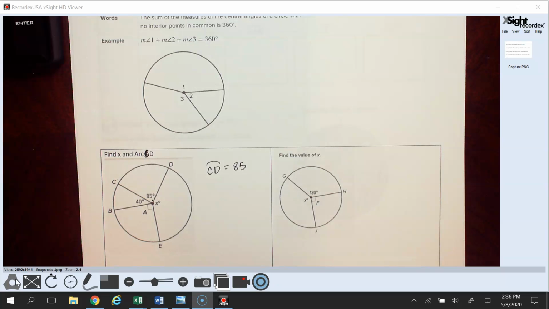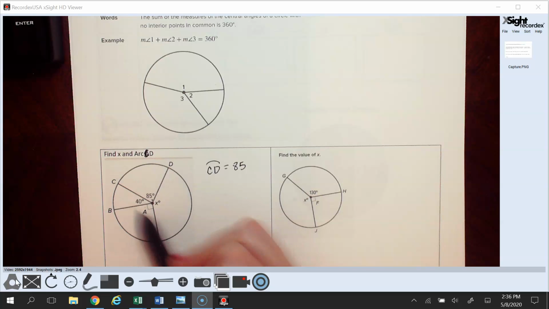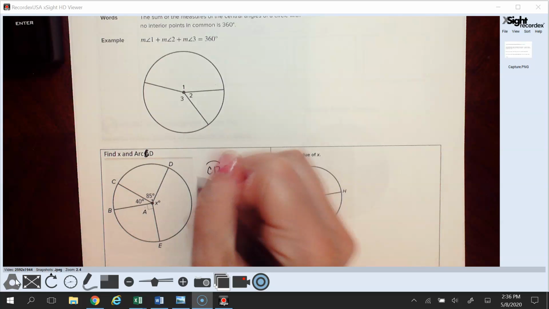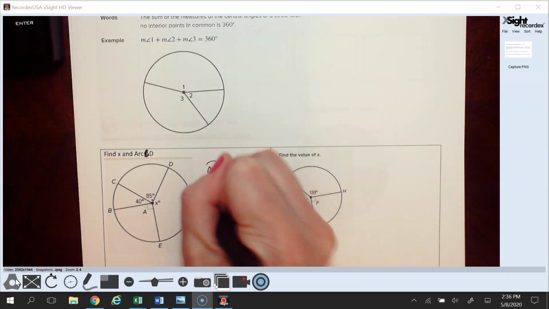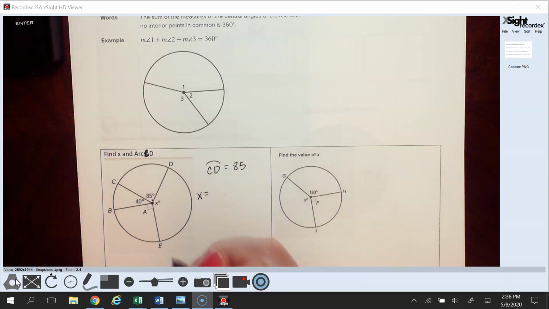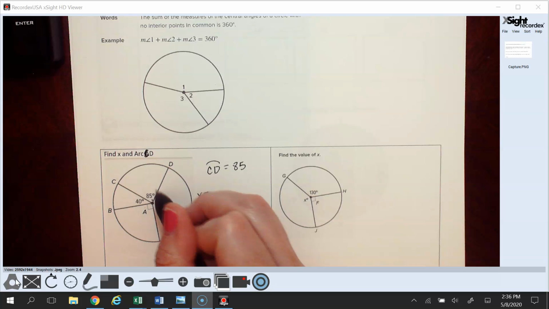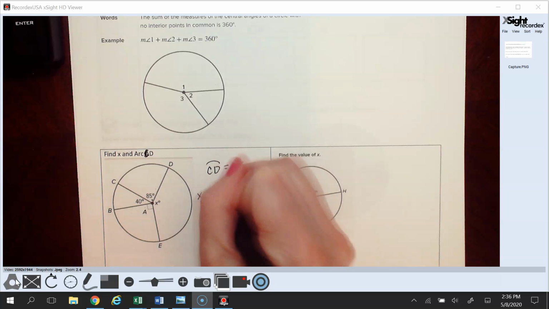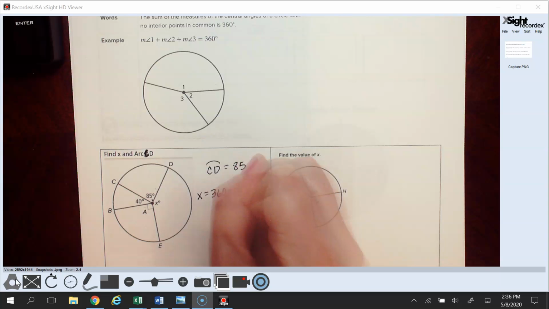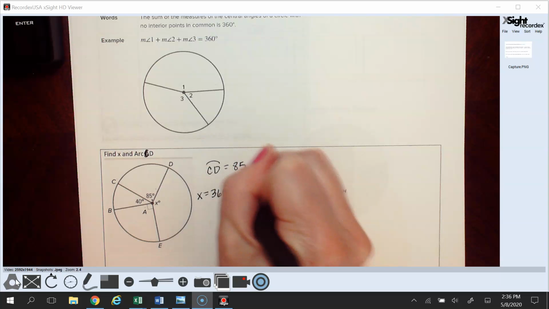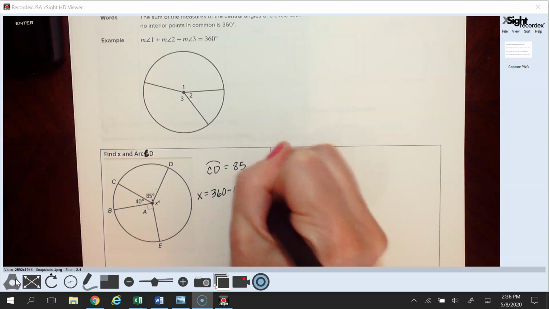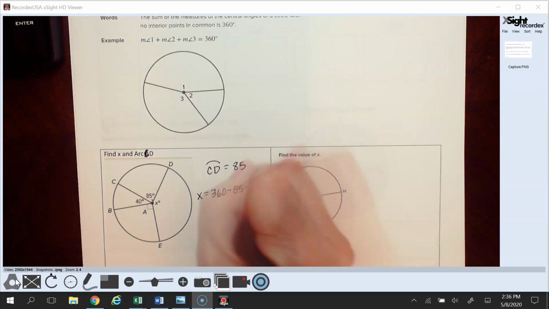Now, as far as to find this angle, we know circles add up to 360 degrees. So to find X, remember that the box means 90 degrees, I'm just going to take 360 degrees and subtract those values. So I'm going to take 360 minus 85 minus 40 minus 90 and get the answer.